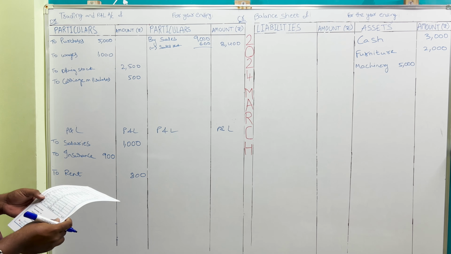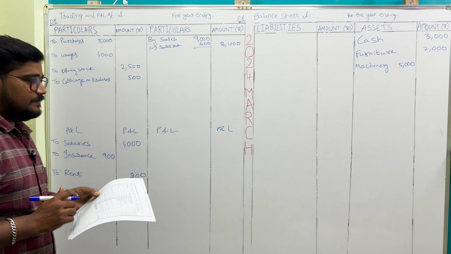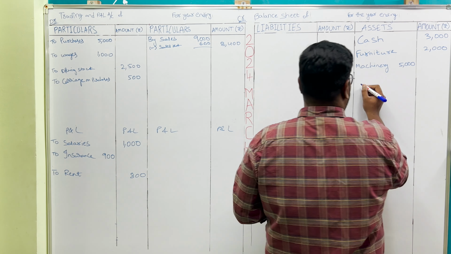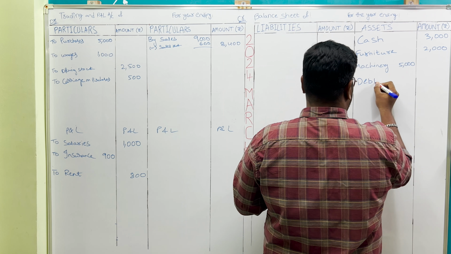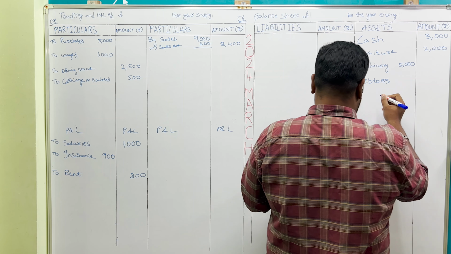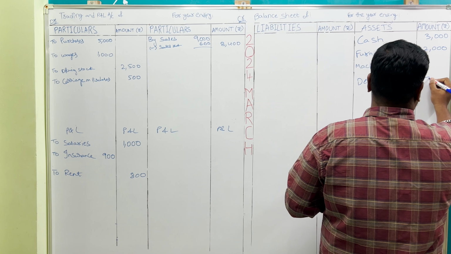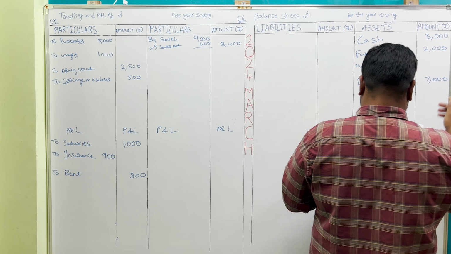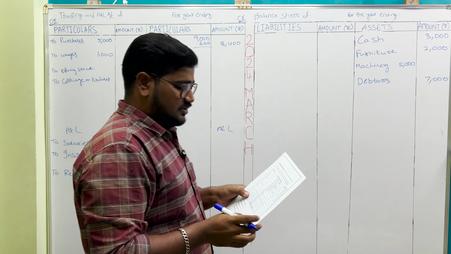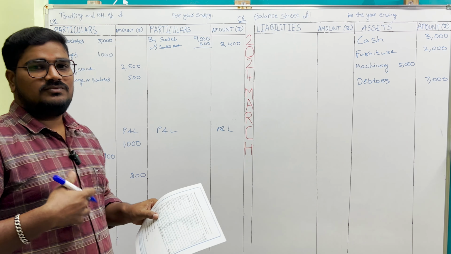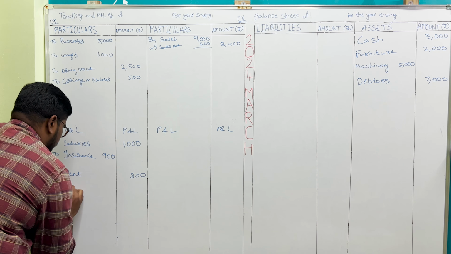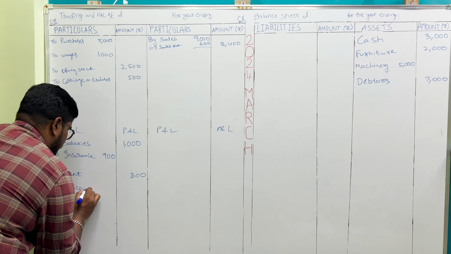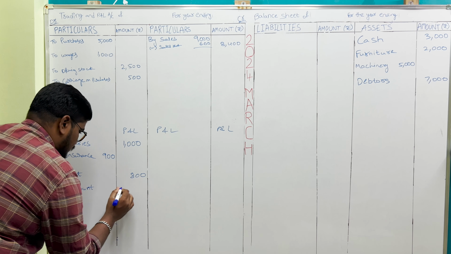Next, debtors, the persons who are going to make us the payment in future. This is the amount that is receivable. Receivable will be an asset for us. Next, discount on the debit side means we gave the discount. That is discount allowed 400.